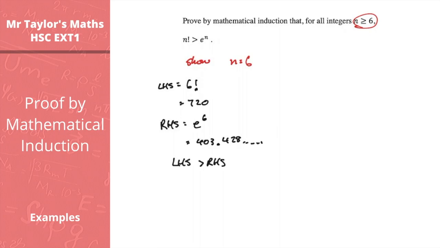Okay, so once we've done that, then of course we assume n equals k. We assume that our proposition holds, so we assume that k factorial is greater than e to the power of k. And after we've assumed, we need to prove that it works for k plus 1.